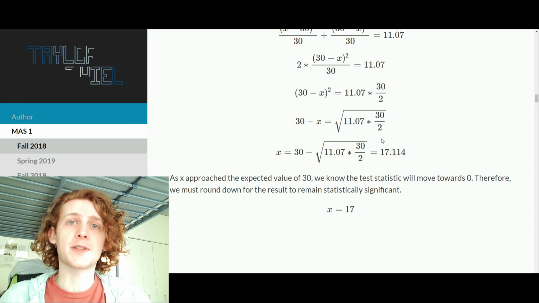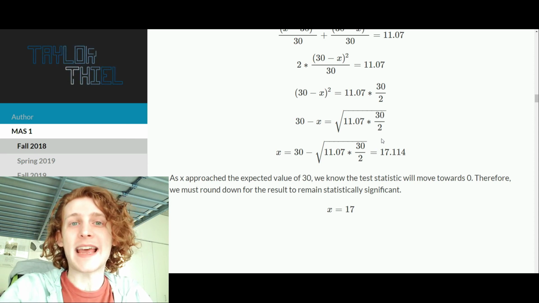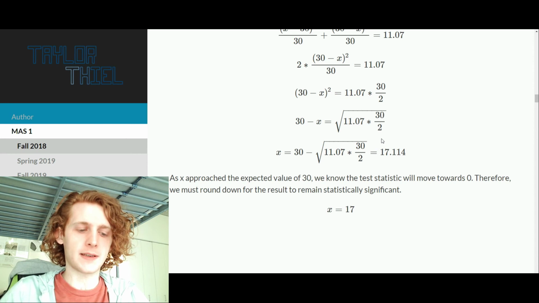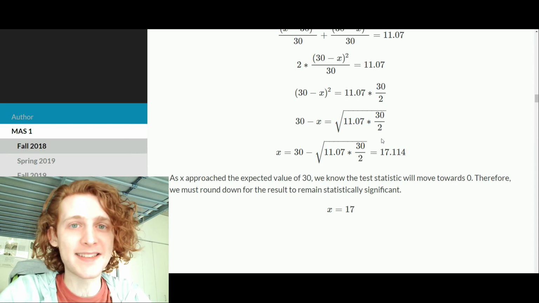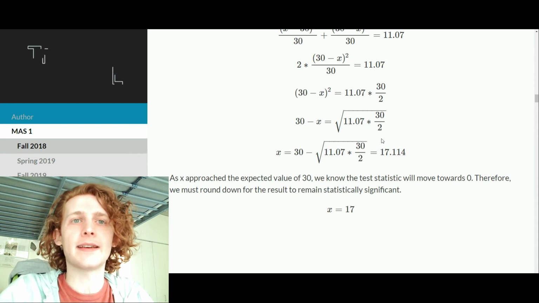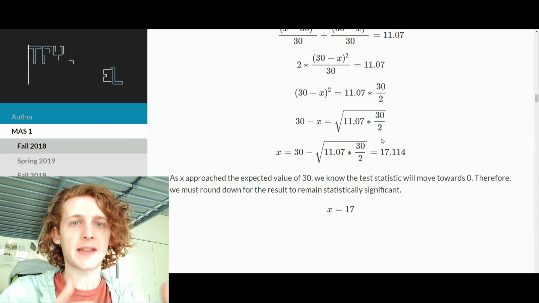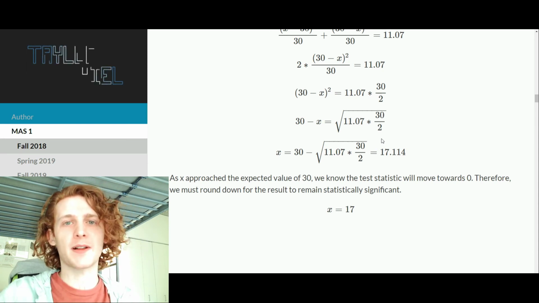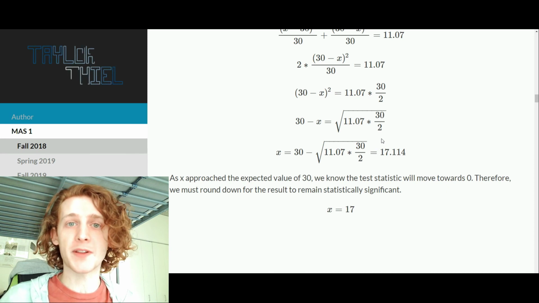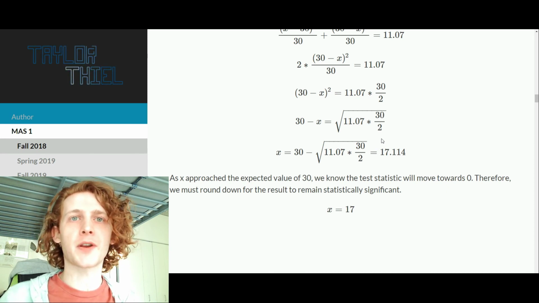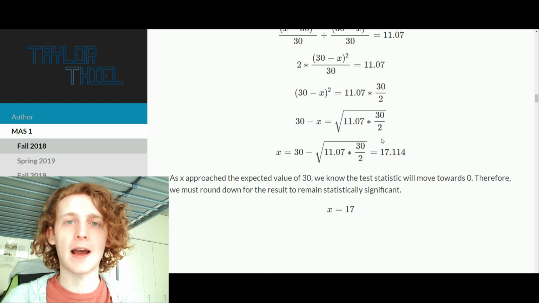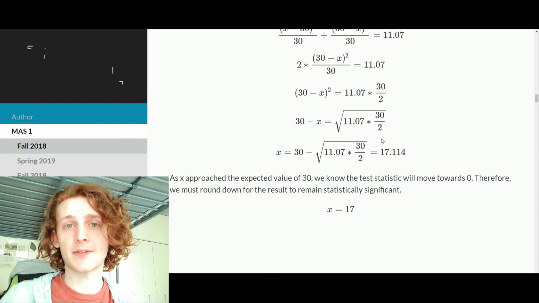However, if it was larger, so if it was 18, we're moving towards insignificance, right? Because the most insignificant thing you can get is a value of 30, because that would mean the die is both in the sample as well as your null hypothesis, just truly 1/6. So we know that we need to round down versus up, and that's why we get 17.